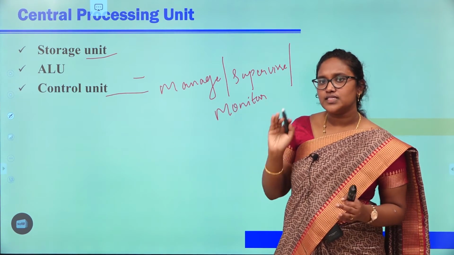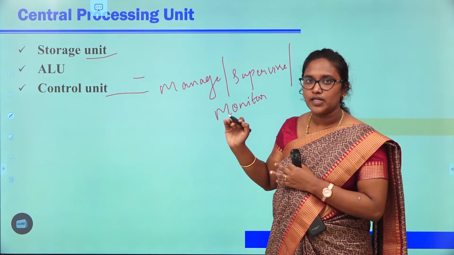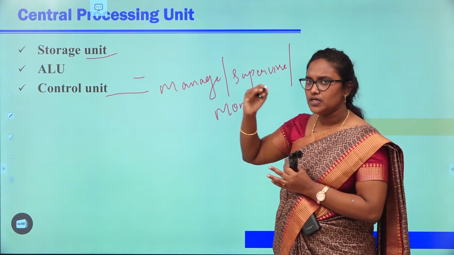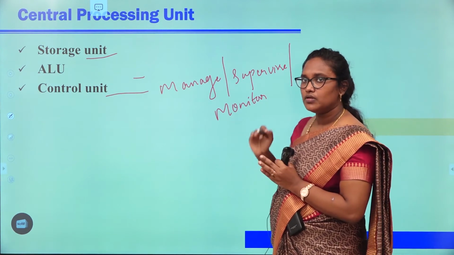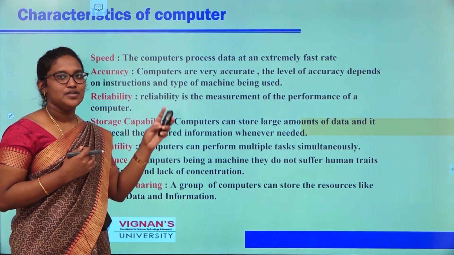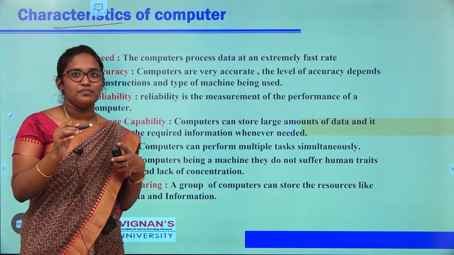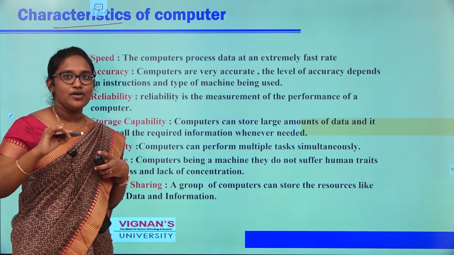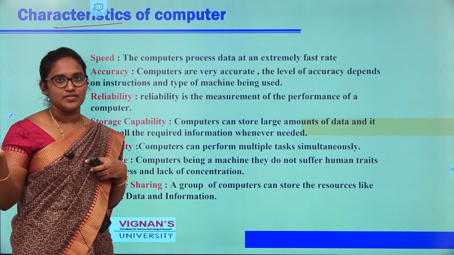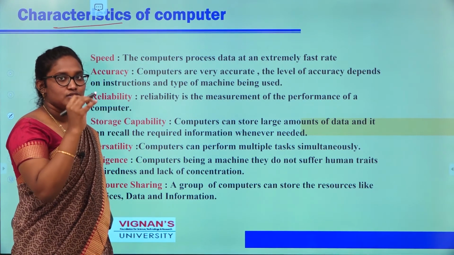So hope this basic workflow or block diagram of a computer is clear to you: input, process and output. Now we will see the characteristics of a computer. The general term characteristics means, for example, you want to introduce one of your family members to others. Obviously, you will say this person is so and so.